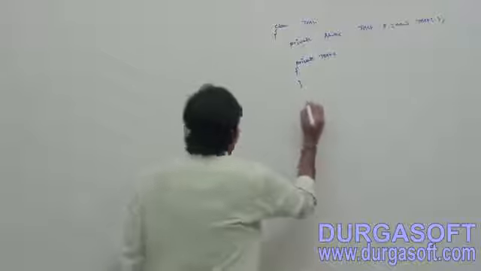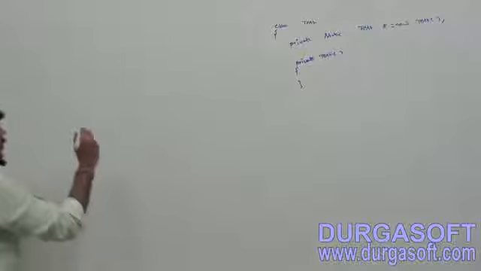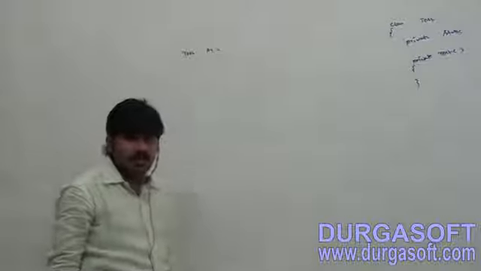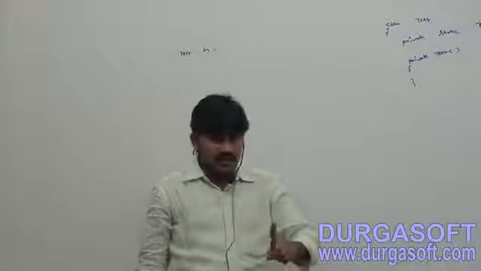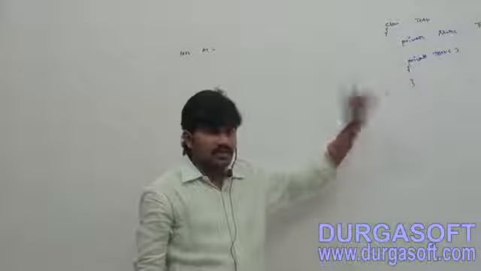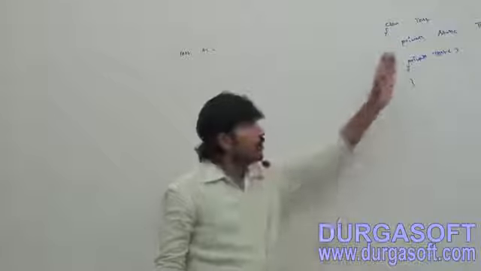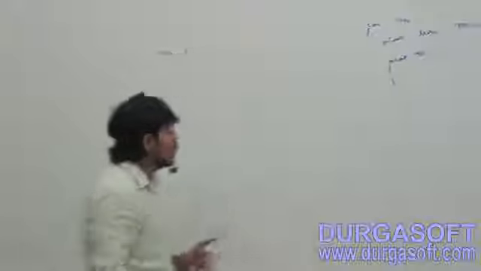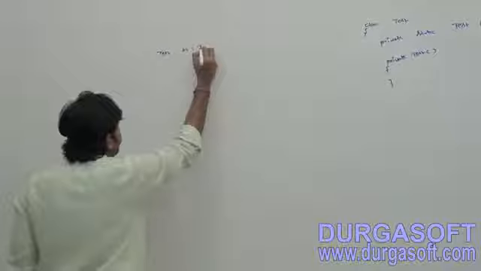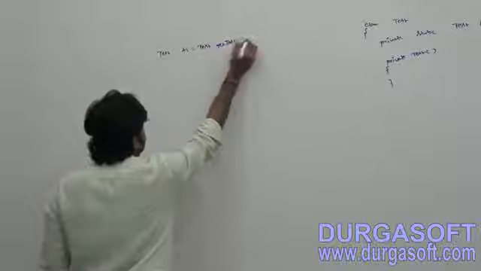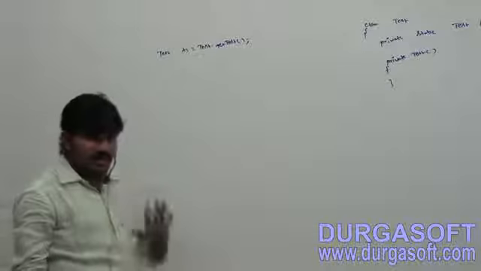Now, how to get a Test object? Sir, I want Test t1 is equal to, we have to use which one? Factory method. We can't create by using new Test, because the constructor is private. If it is private, from outside of the class we can't create. Now, Test t1 is equal to Test dot getTest.